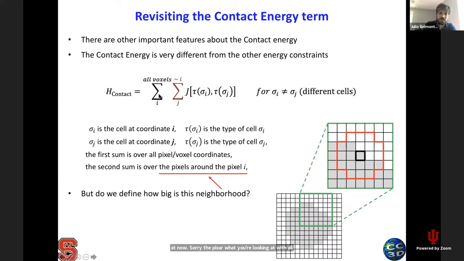So you have a sum over all the voxels, or pixels, and then we create a second sum over all the neighboring pixels around that central pixel, and we do that for all of them.